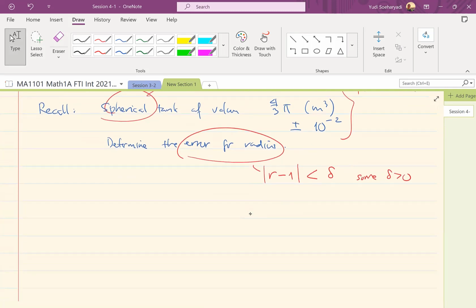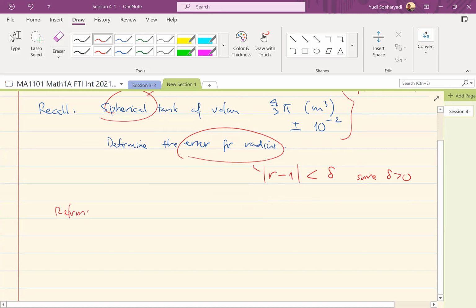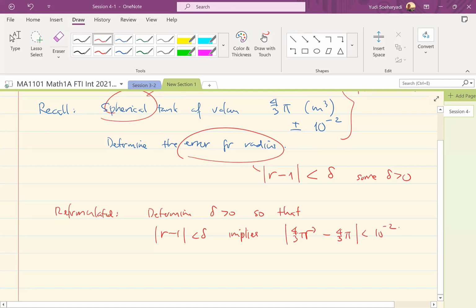And it can be reformulated as: determine delta positive so that r minus 1 less than delta implies 4/3 pi r cubed minus 4/3 pi is less than 10^-2.